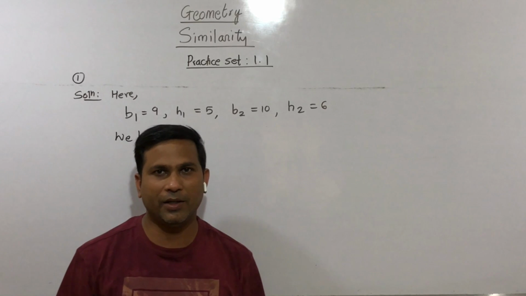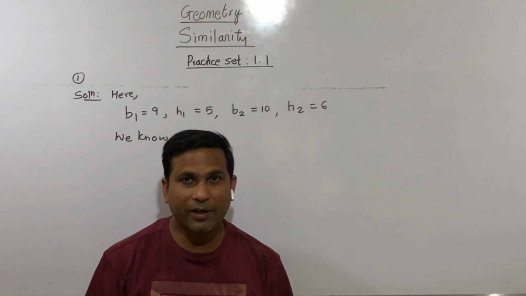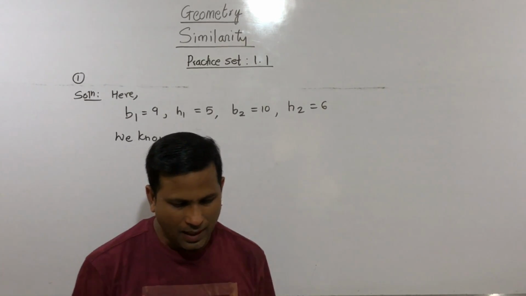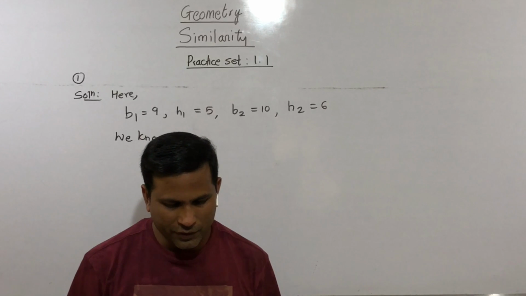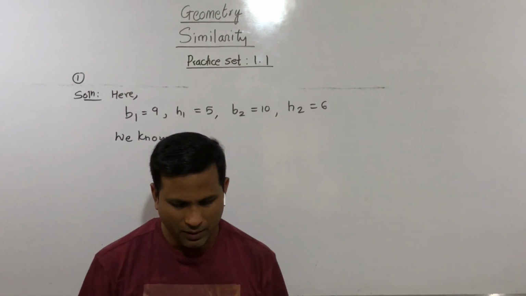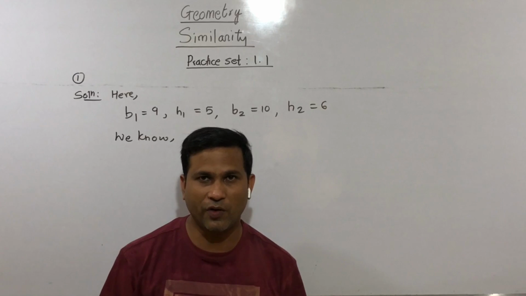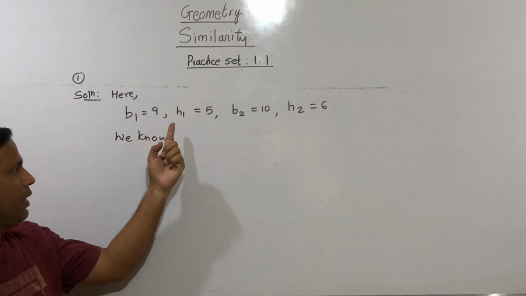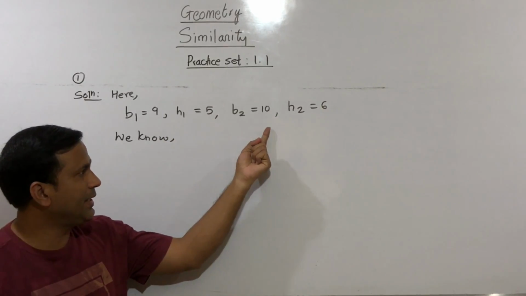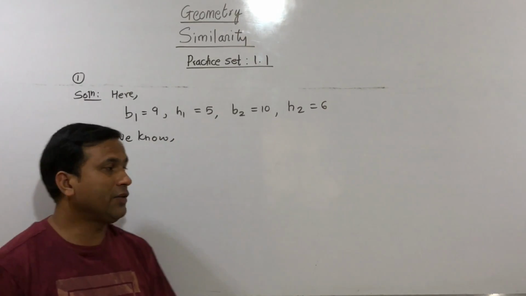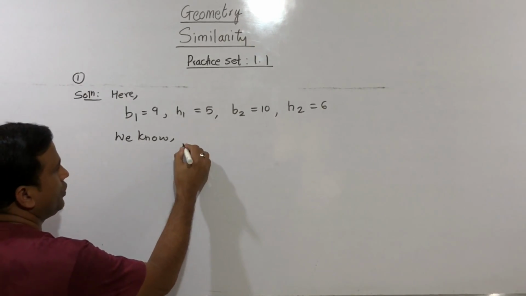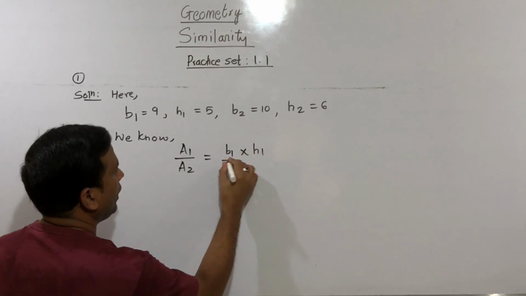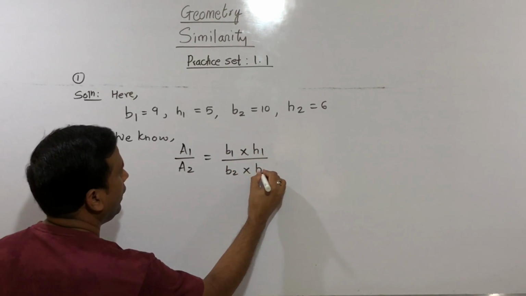Let us start with practice set 1.1. I'll read the question for you. Base of a triangle is 9 and height is 5. Base of another triangle is 10 and height is 6. Find the ratio of areas of these triangles. Here we know B1 is 9, H1 is 5, B2 is 10, H2 is 6. A1 upon A2 is equal to B1 into H1 upon B2 into H2.